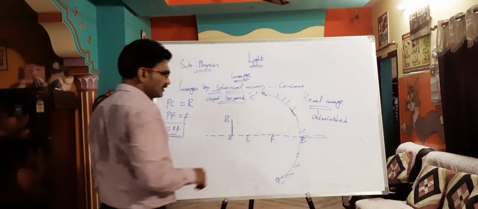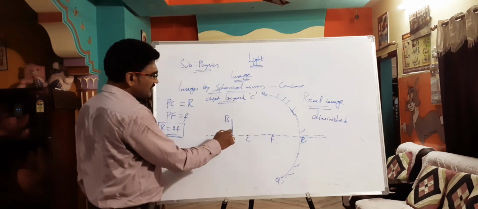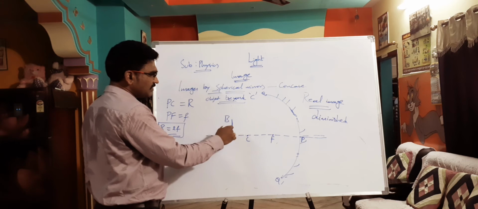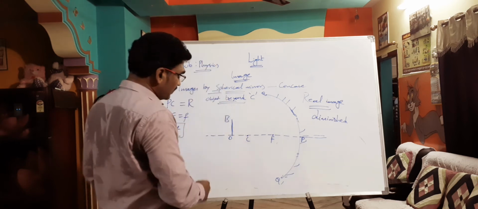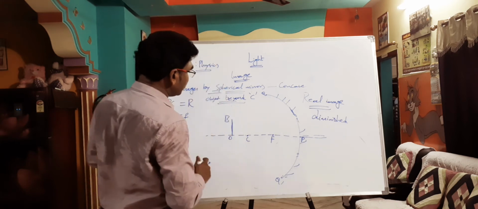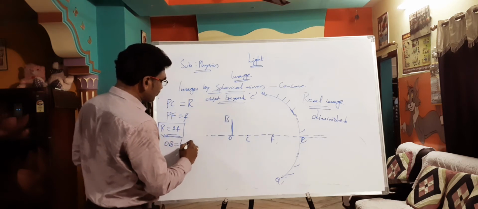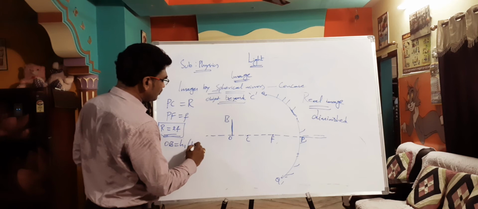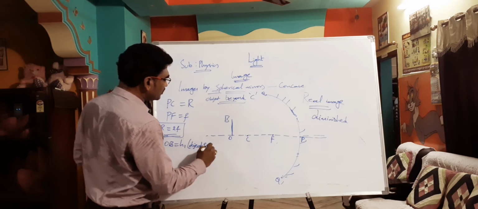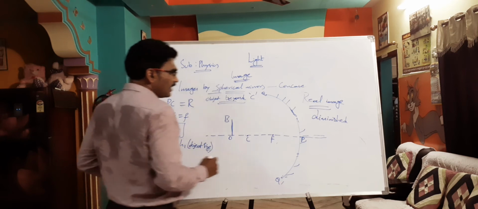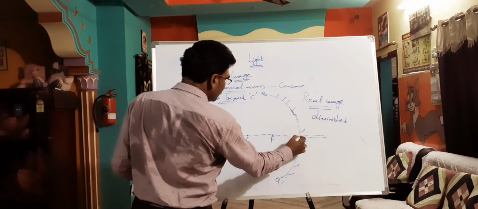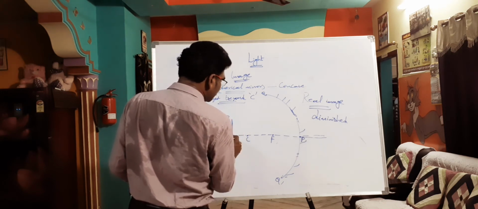I will take the object as OB. OB is the object, and this vertical distance I take as the object size, OB is H1. Also, this is P. PO means the object is here.